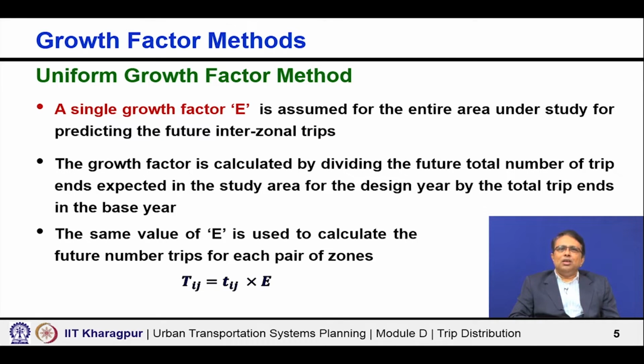So, the E value is the same for all the cells. That is why it is called uniform growth factor: every cell is multiplied with the same growth factor value. So, that is called the uniform growth factor method.